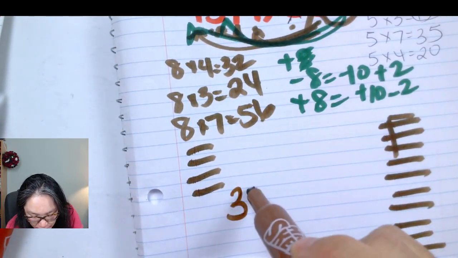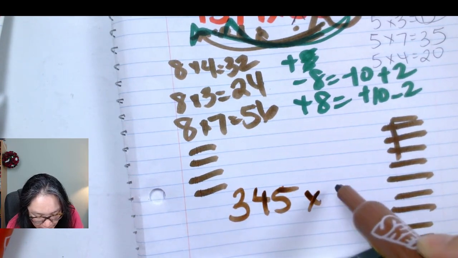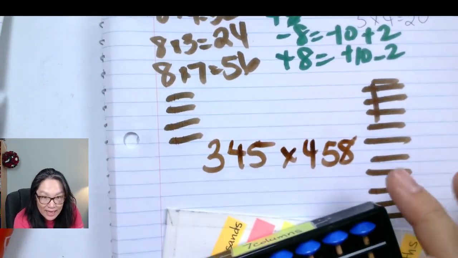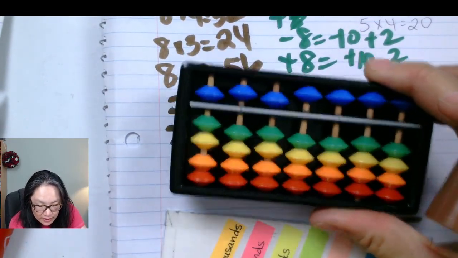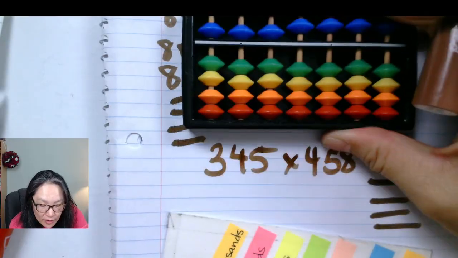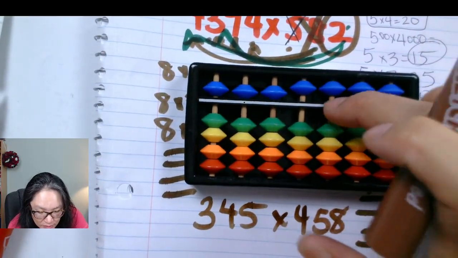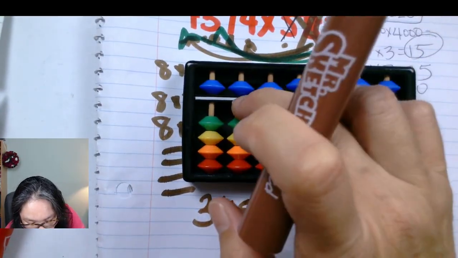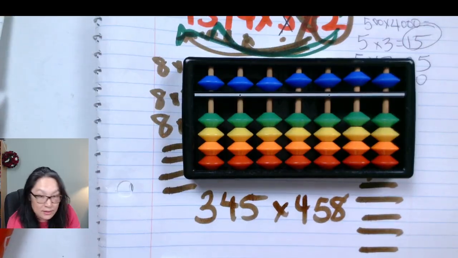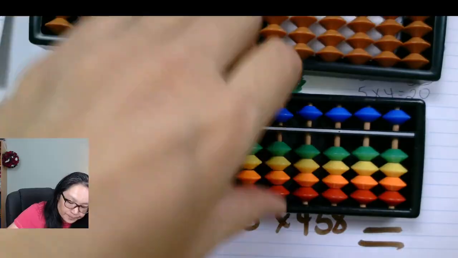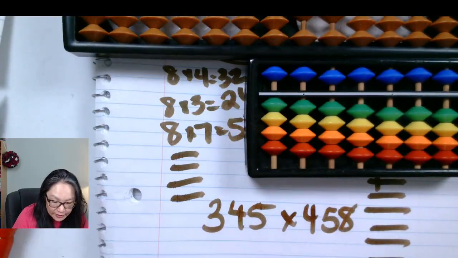Even doing 3, 4, 5 times 4, 5, 8 is still too difficult on this. If you follow the decimal dot indicator, you can't do more than 5 columns, and this is already 6. That's why I would recommend doing it on a 13 column one. But that's very interesting.